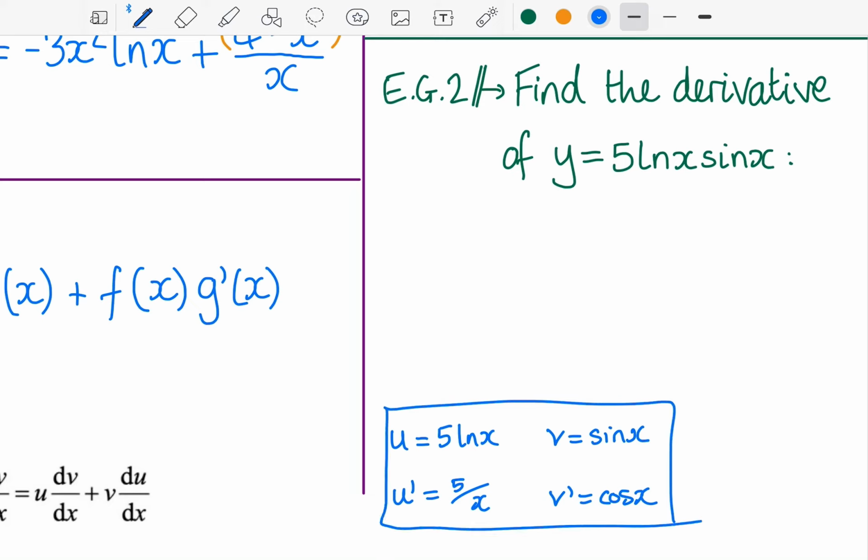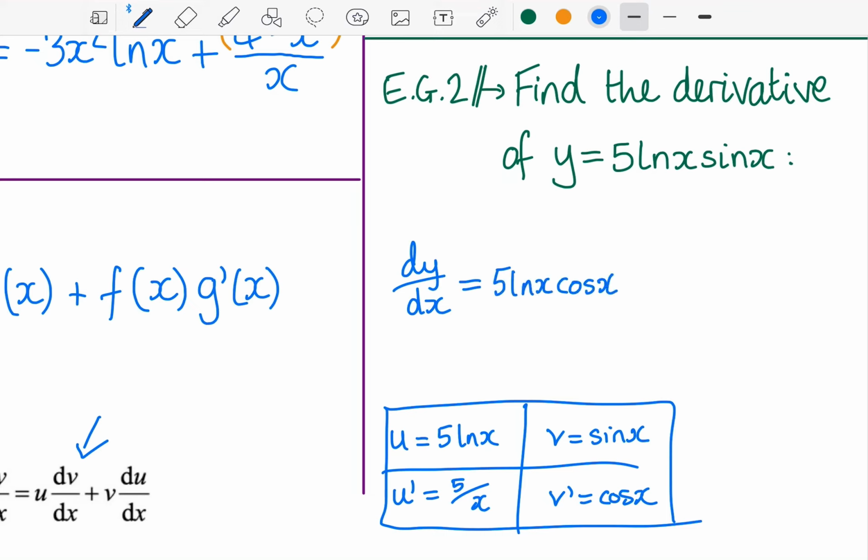Those are my 4 things I need to use, and dy by dx, the derivative, would be, why don't we do this order for this one, 5 ln of x times cos of x, and then v times du by dx, v times u dash, sine of x times 5 over x. I might just combine that into one slightly neater fraction, and I am done. That is the derivative.